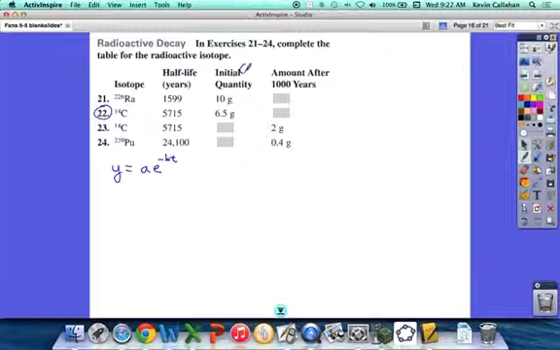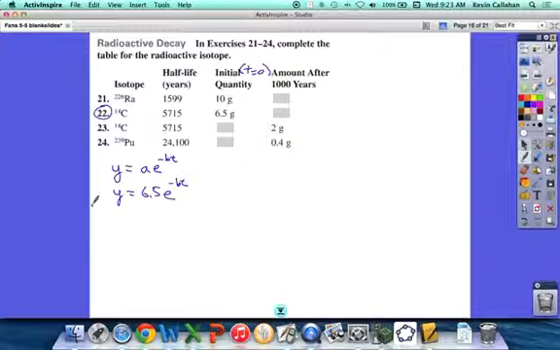So this initial quantity means t equals 0. Well, if you plug in t equals 0, that means you have e to the 0, which is 1. And so the y equals whatever that A is. The initial quantity goes there. Right? Initial quantity, y equals 6.5 e to the negative b times t.